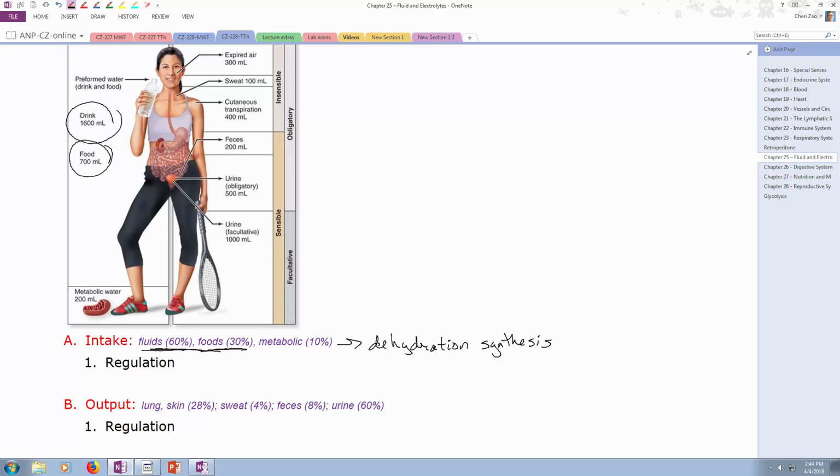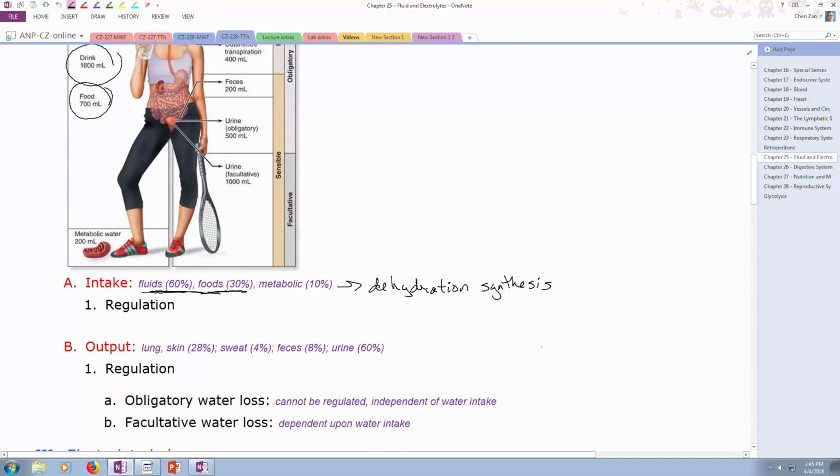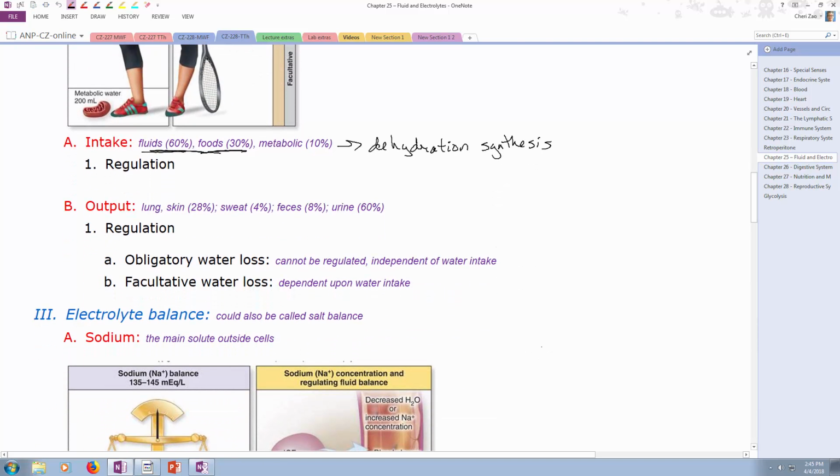And so when one area is impacted, other areas will also feel it as it's trying to reestablish fluid dynamics and composition or concentrations of various ions and solutes, either inside or outside of the cells. So anything that will increase our osmolarity will stimulate the hypothalamic thirst center. And that's one of the functions of the hypothalamus.